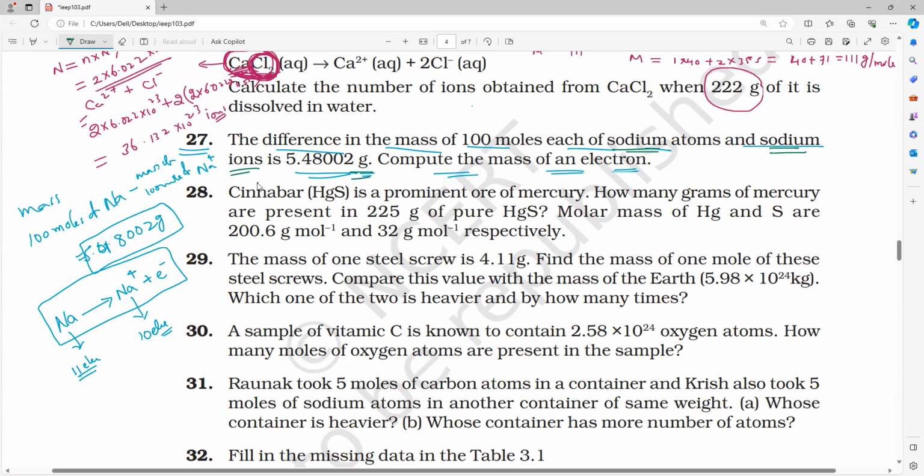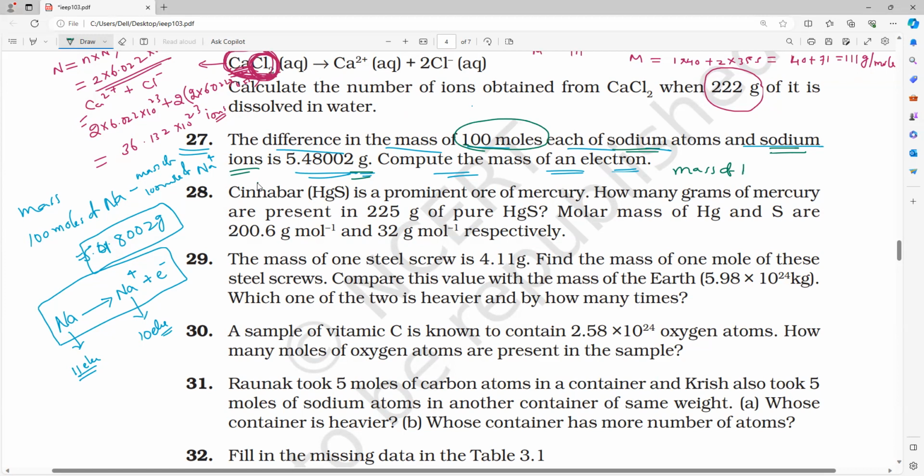So the total number of particles, how much is it? That is what they're giving. Totally 100 moles of sodium. Each sodium atom gives one electron, so totally how many electrons? 100 moles of sodium atoms give 100 moles of electrons.